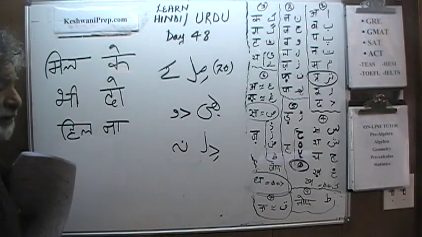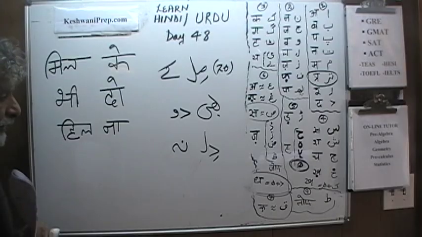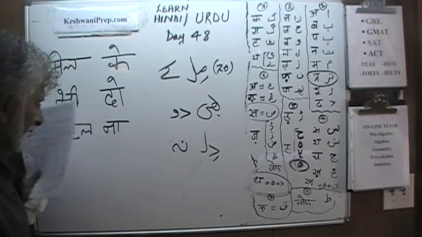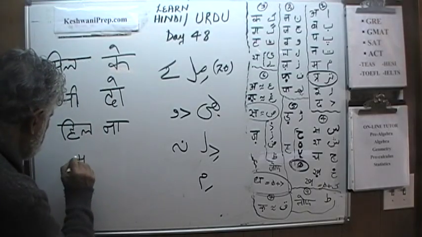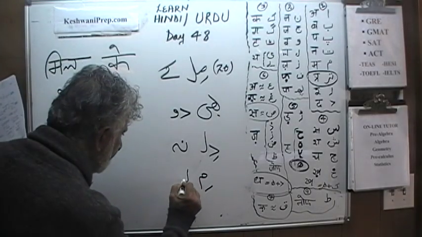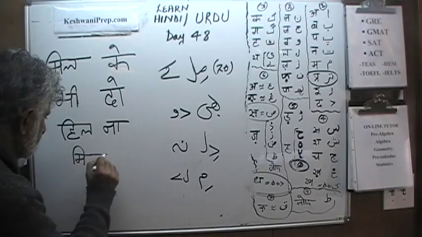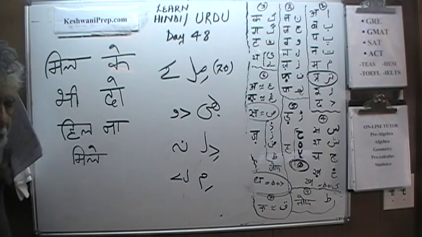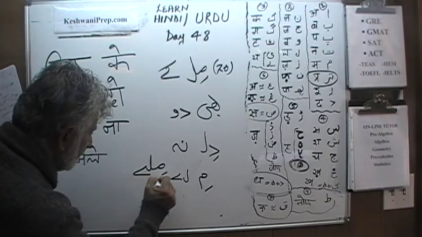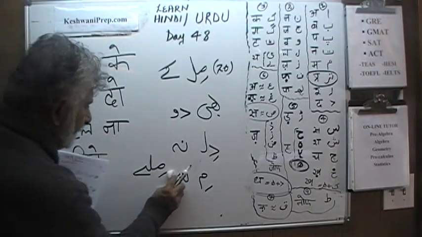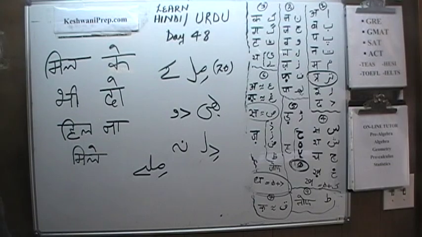Mil ke bhi, do dil na mile. Mile. Meem and choti ki matra. And then lam and a ki matra. When we put them together, it's going to look like this. Meem, lam and badi. Mil ke bhi do dil na mile.